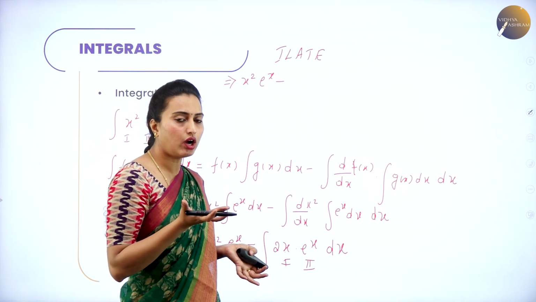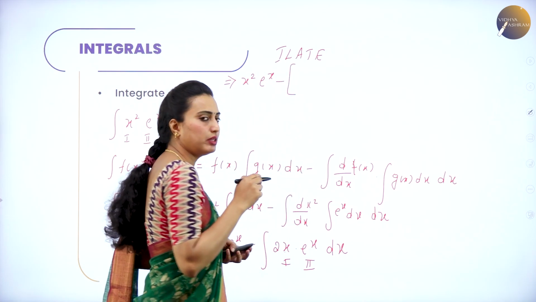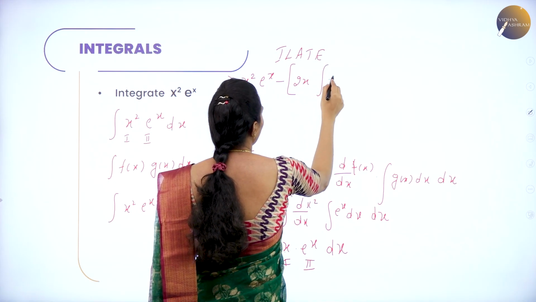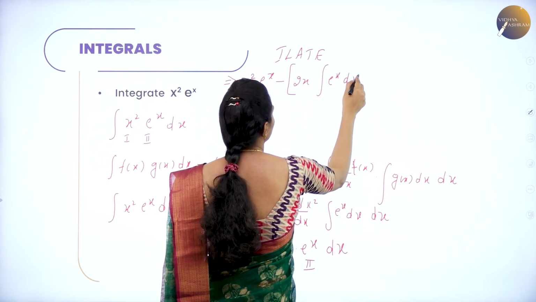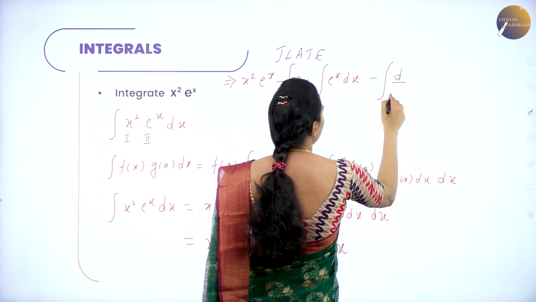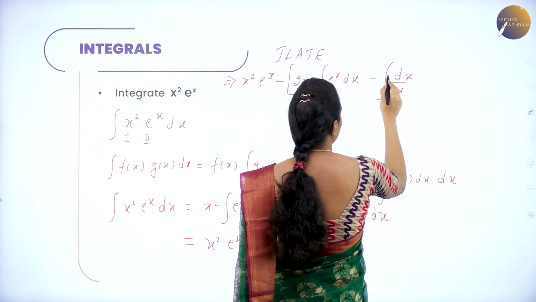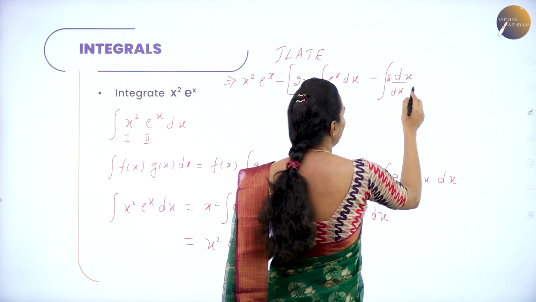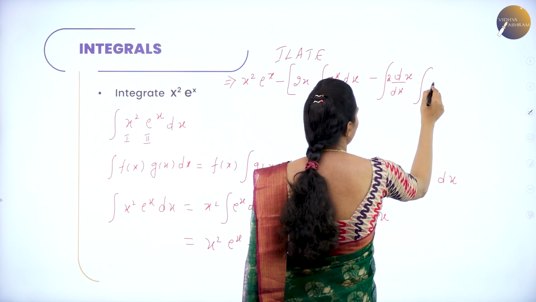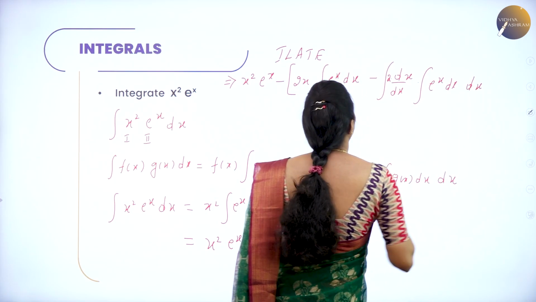So 2x you are going to have as first function, multiplied by minus sign, so open the bracket. First function into integral of second function minus integral of d by dx of first function, that is 2x. 2 will be coming outside, right? 2 into d by dx of x, again into integral of second function into dx.